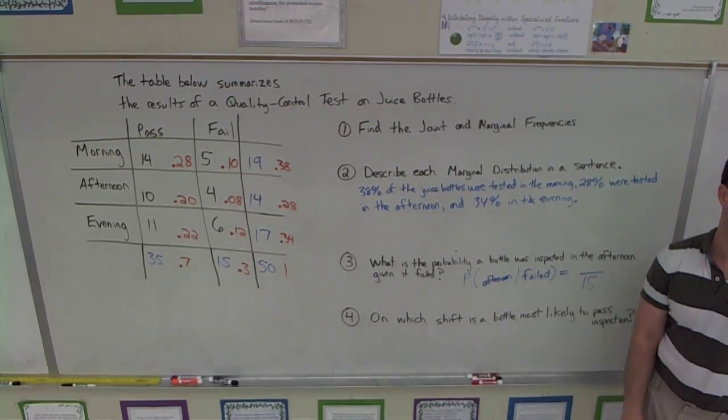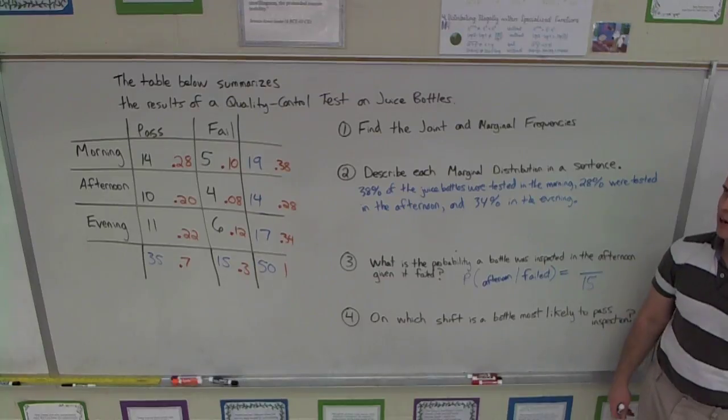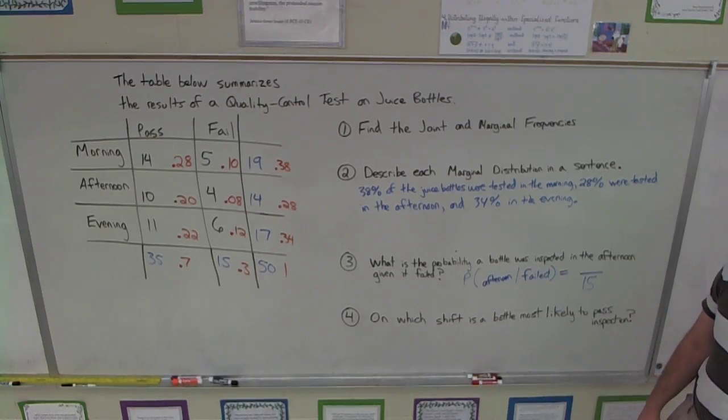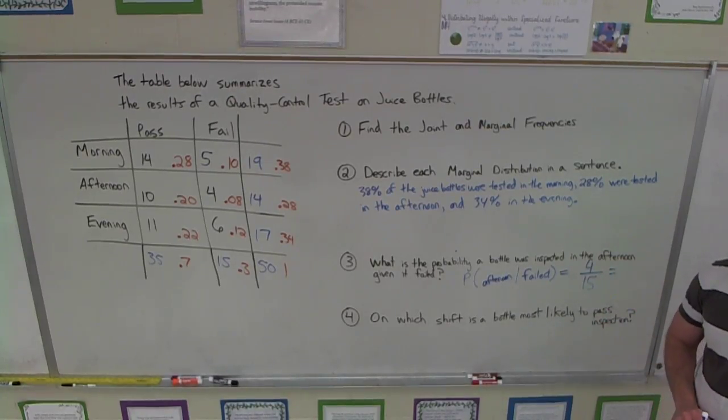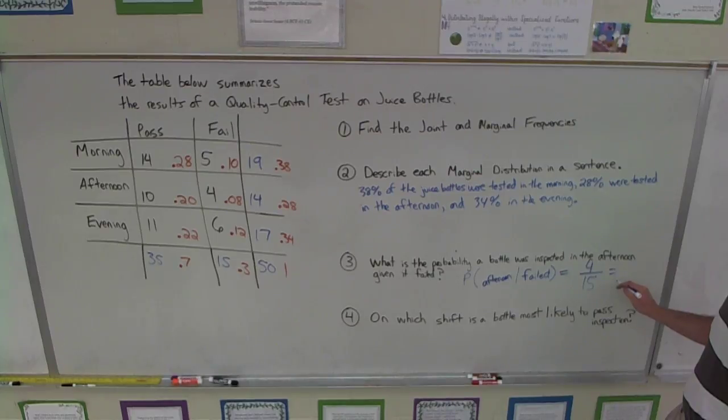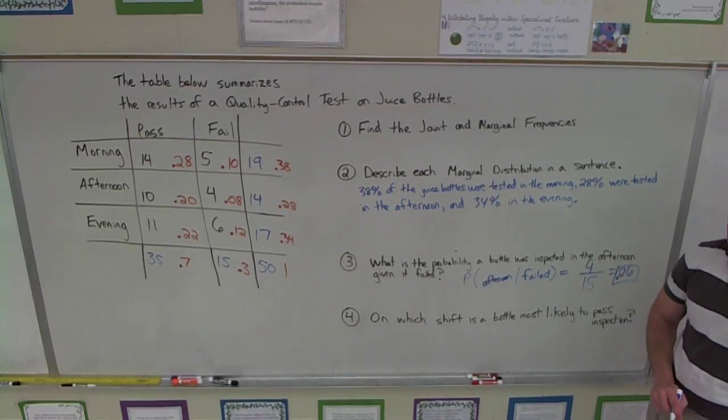That's the shrunken sample space. The probability it came from the afternoon is 4 out of 15. Does that make sense? So what is that percentage? 26. It's not 66%, no way. 26.6. 26, okay. So there's a 26% chance there.